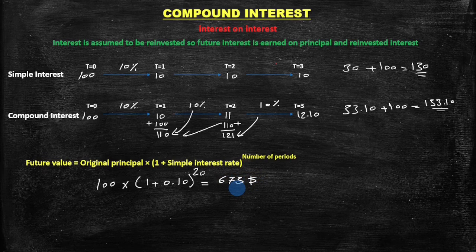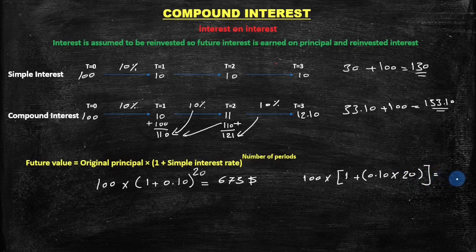Now, just to show you the difference, let's see what number we come up with if we use simple interest. In the case of simple interest, that will be 100, the original investment, multiplied by 1 plus 0.10 multiplied by the number of periods, 20 years, right?